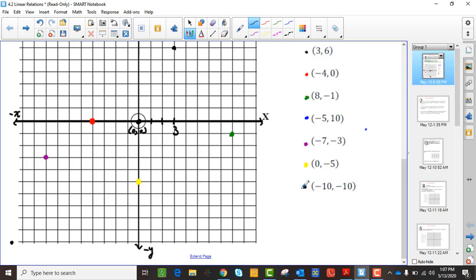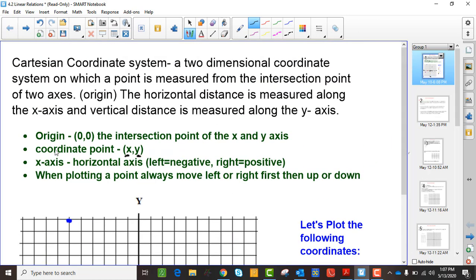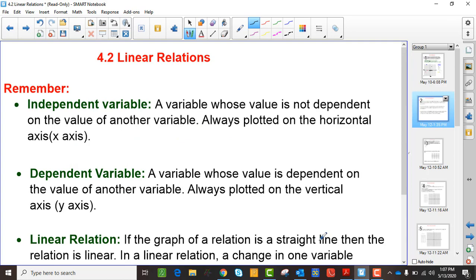And what we're looking for when we talk about linear relations is, first of all, an independent variable and then a dependent variable. So we're going to look, first of all, for a variable that we get to decide. We have control over. That's the independent variable.